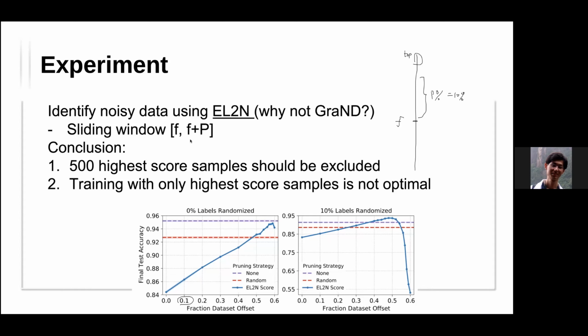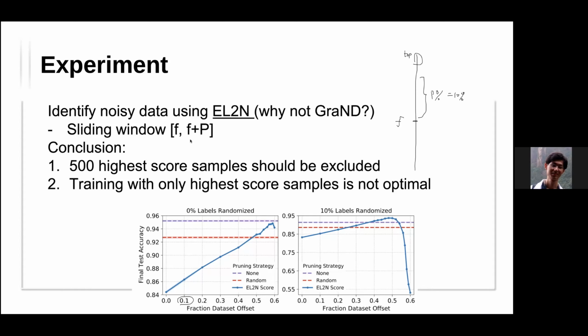Why do we need a base, why do we need a sliding window? Because the ground truth is that the top, for example, 500 highest score samples are not useful. And if they use the top 60% of data, the result might not be so good. That's why they're using a sliding window.